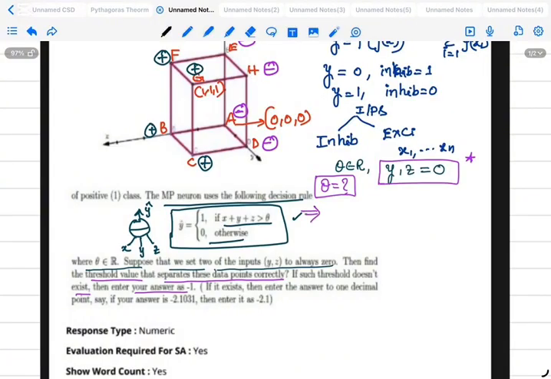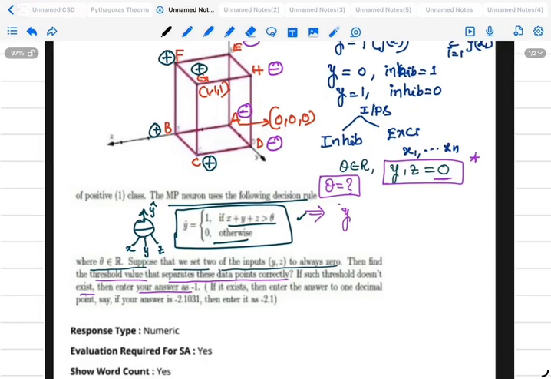In the question they mentioned y and z values are always 0. So y hat, the predicted value, equals 1 if x plus y plus z is greater than theta. Since y and z are always 0, it is 1 when x is greater than theta, and 0 otherwise.